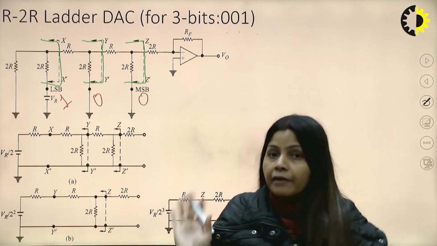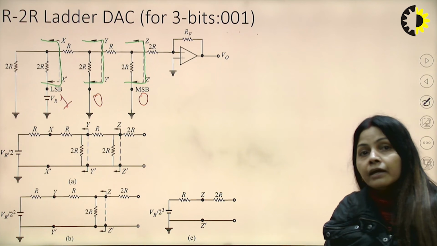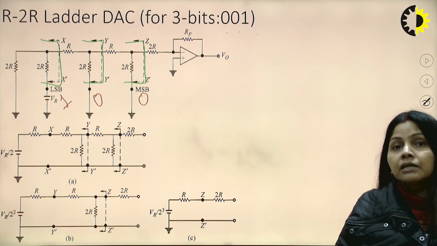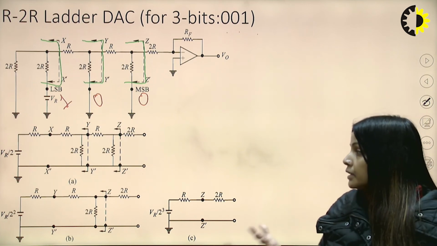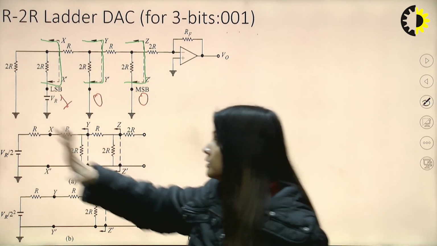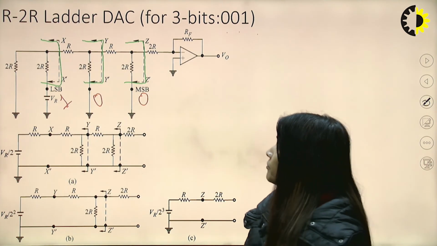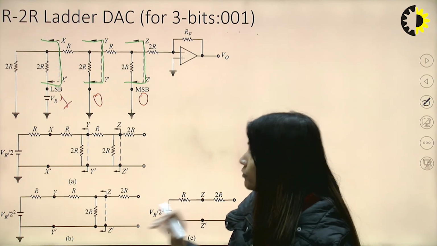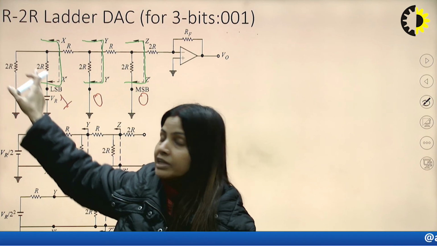So we have to calculate the resistances for the given circuit, right? Okay, so let us calculate. We will start from here.